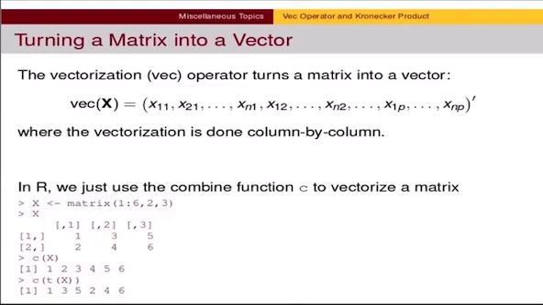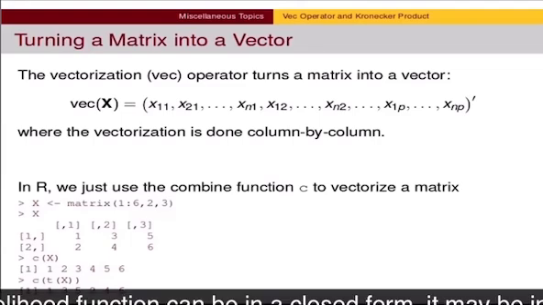For instance, maybe you have multivariate data and you're working on a likelihood distribution, and you want to estimate parameters. Vectorization will enable your likelihood to be in a closed form.